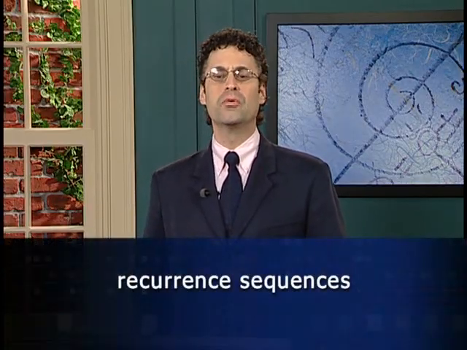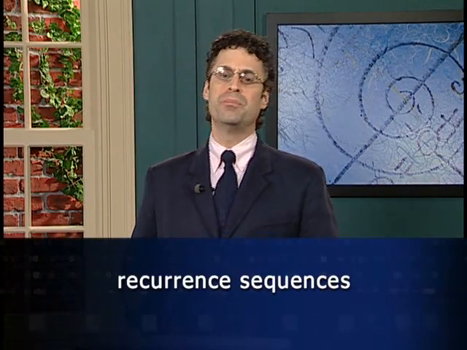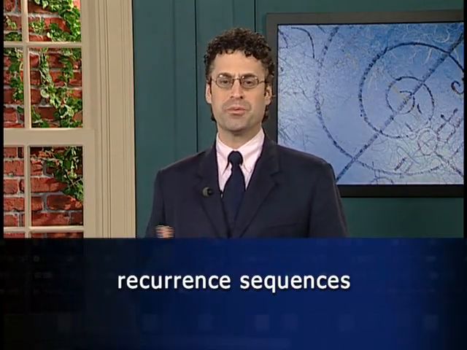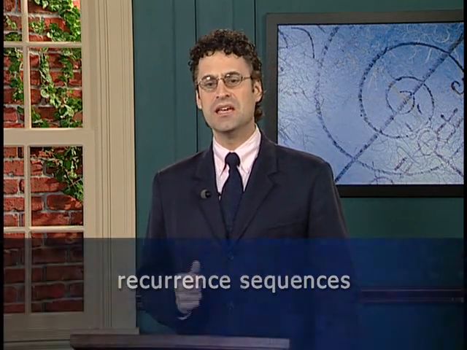Now, the number lists in which the terms are found by applying a fixed rule involving the numbers that came before are called recurrence sequences. As we've seen with both arithmetic and geometric progressions, a recurrence sequence can be described precisely by just giving the first few terms, the starting seeds, and then the fixed rule that generates the next term.